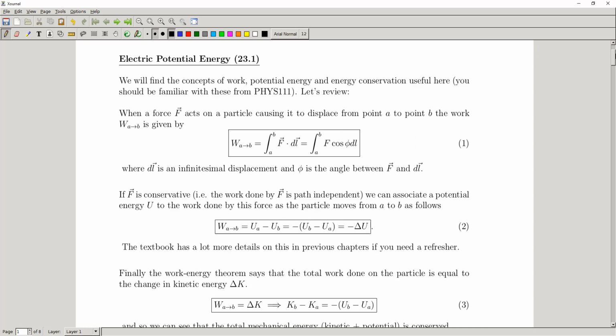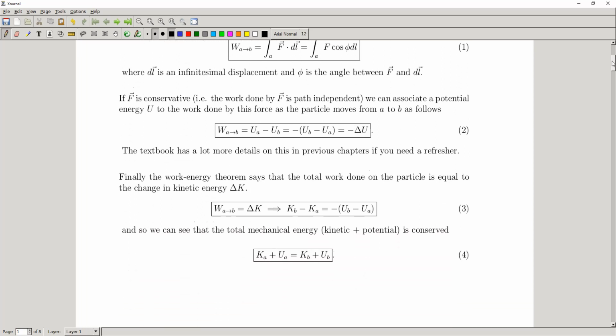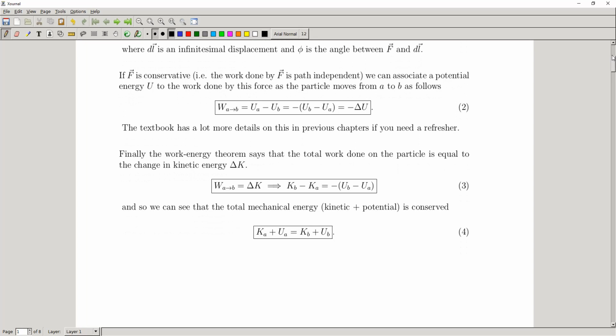And then after we talked about that for a little while, we introduced the work energy theorem that lets us connect the work done to the change in kinetic energy, where we've already discussed how this also relates to the change in potential energy.